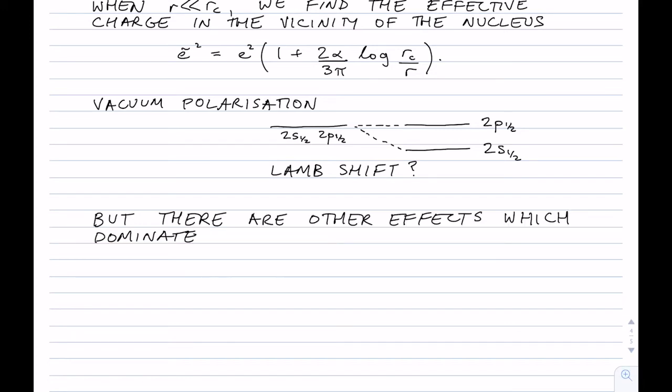That's the self-energy, which is another QED effect, and it switches the order, so the observed Lamb shift is actually the other way around.